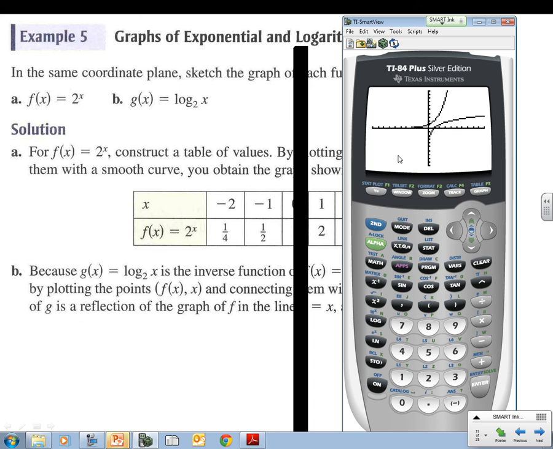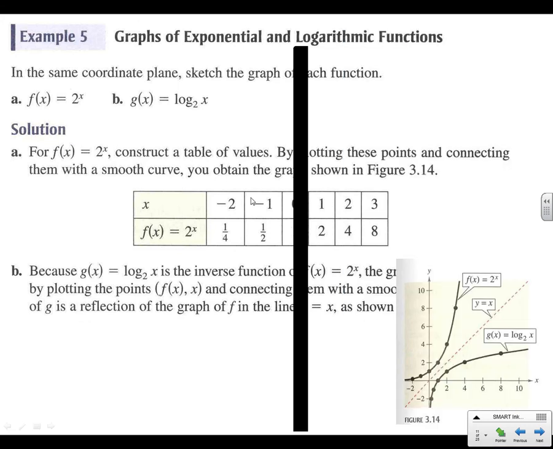So it's symmetric about the line y equals x. Remember from our exponent graphs, we're always going to cross at 1. Well, we're also going to cross at 1, but on the other axis here. This is going to be 1, 0, where we're crossing here. All right, so the graphs are just mirrors of each other, mirrored across the line y equals x. All right, so if we were to sketch it, here it is right here.